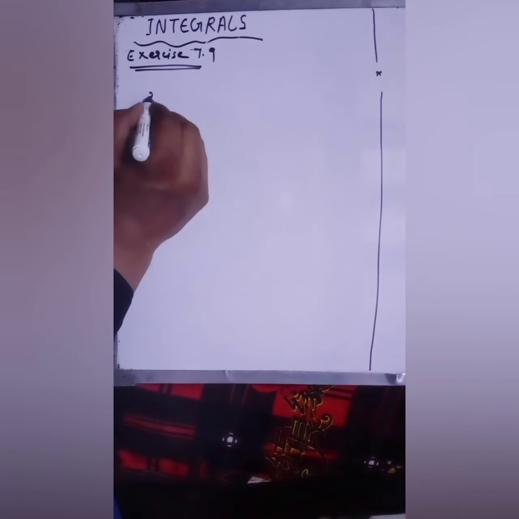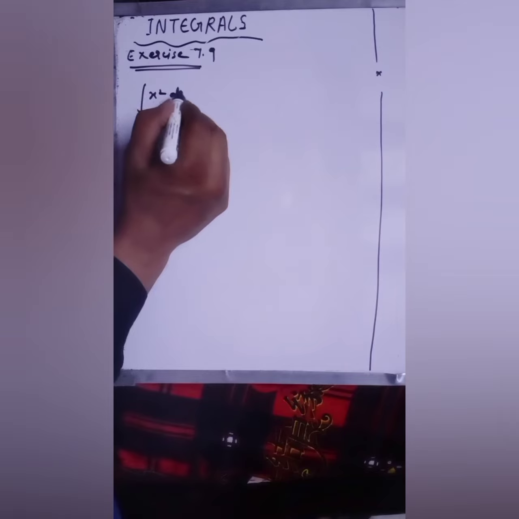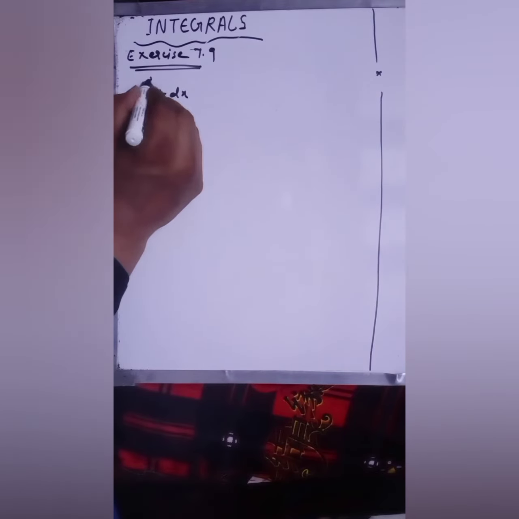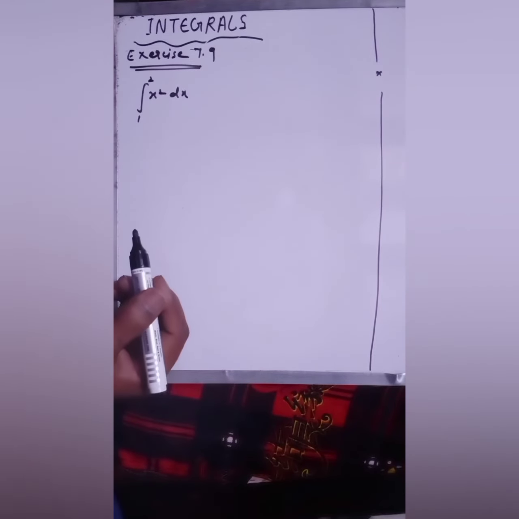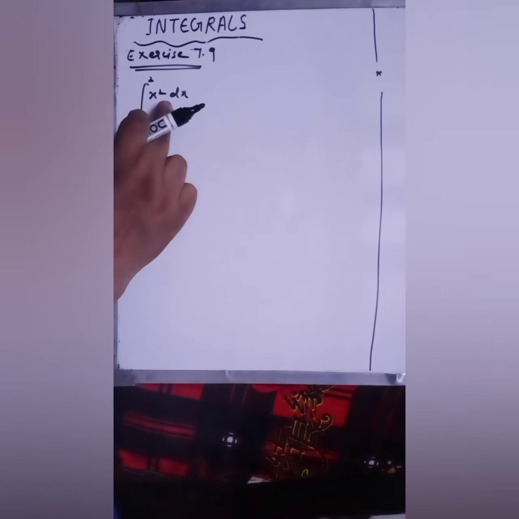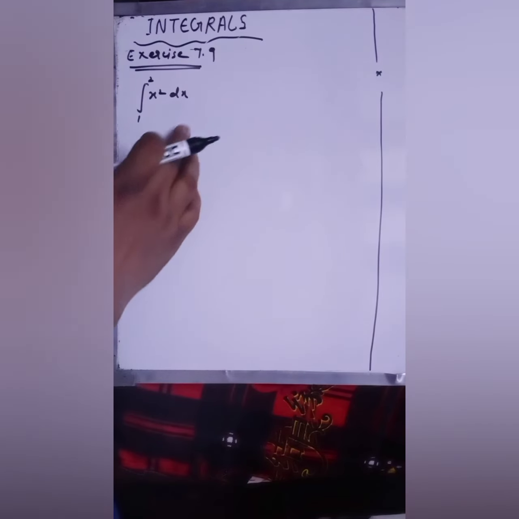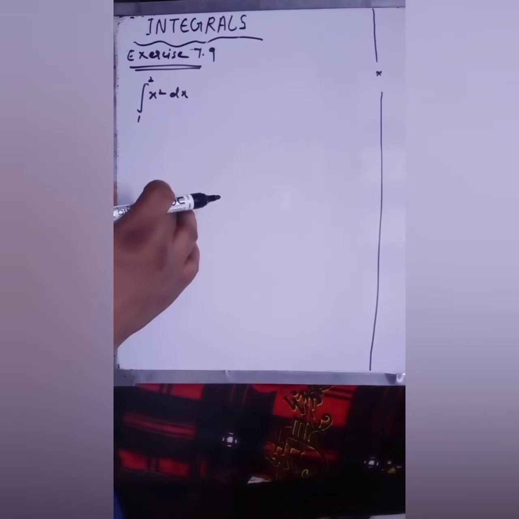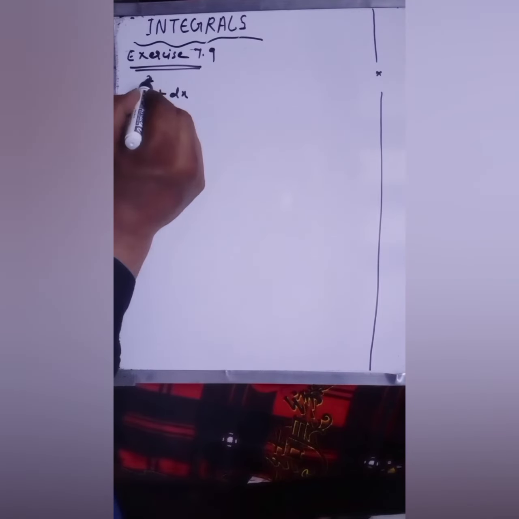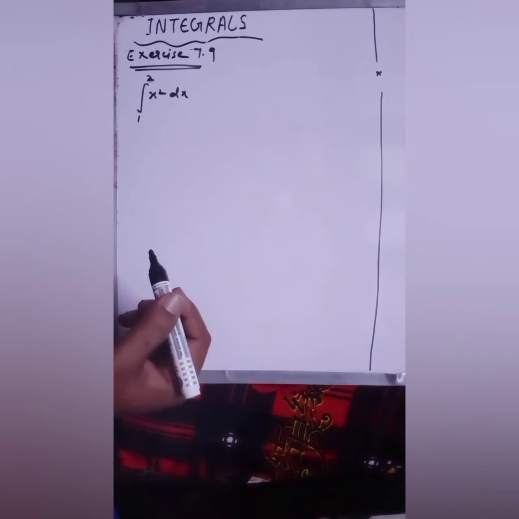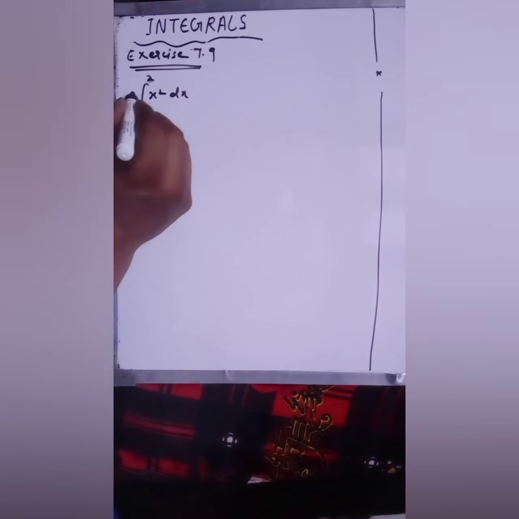Okay, suppose we have to find the integral of x, with limits 1 to 2. If the limits of the integration are given to you, that means the value of this integral is defined. So this is known as a definite integral. When the limits are given to you, this kind of integral is known as a definite integral.